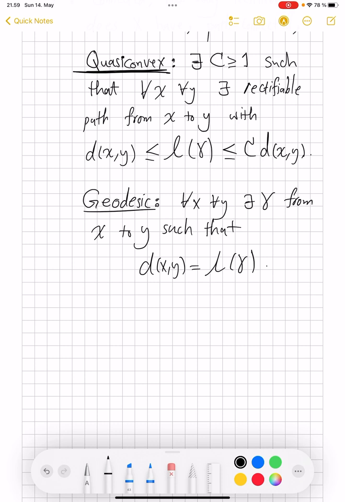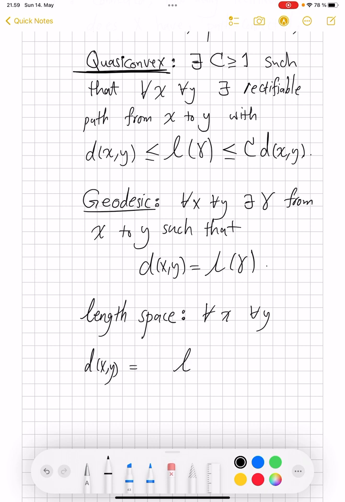Now, somewhat weaker than geodesic, but very close to it. So this is stronger than being quasi-convex, but weaker than being geodesic. For every x and for every y, there isn't one path which realizes this d(x,y).